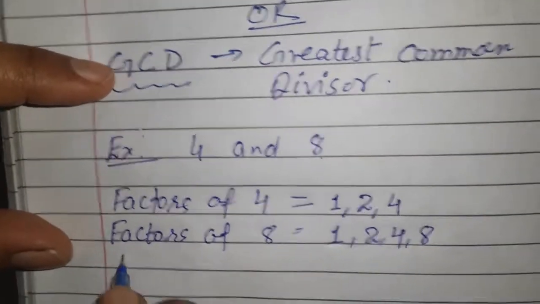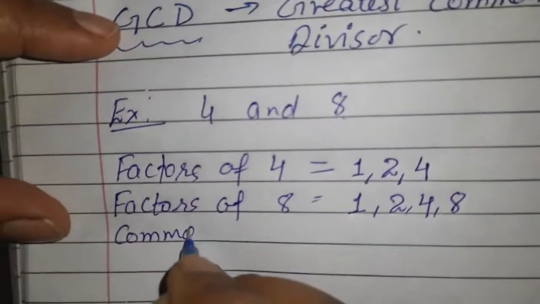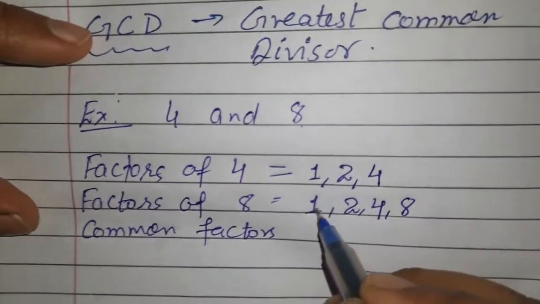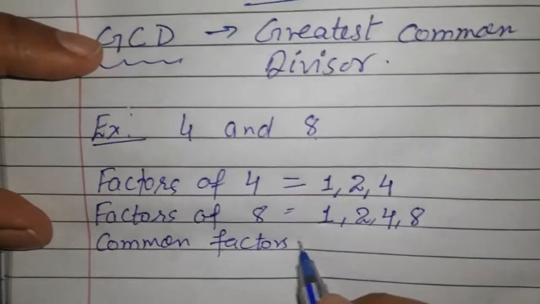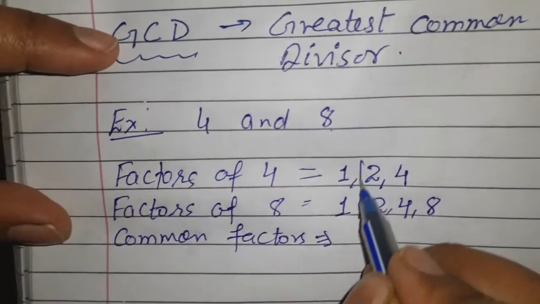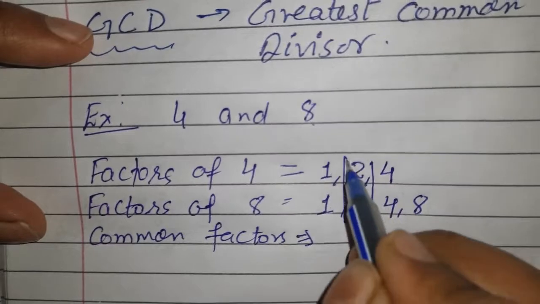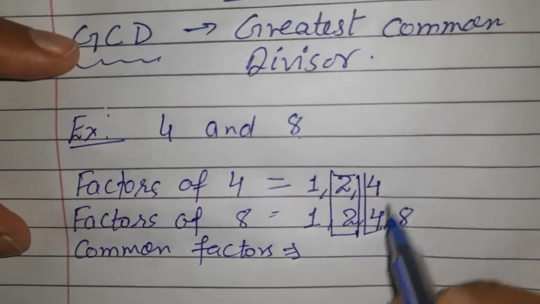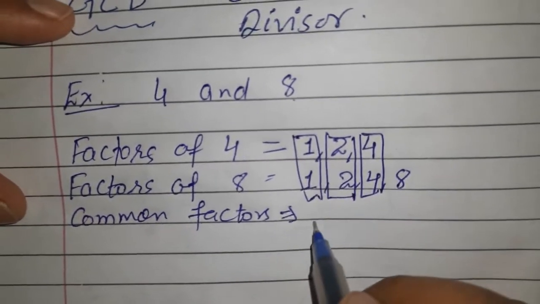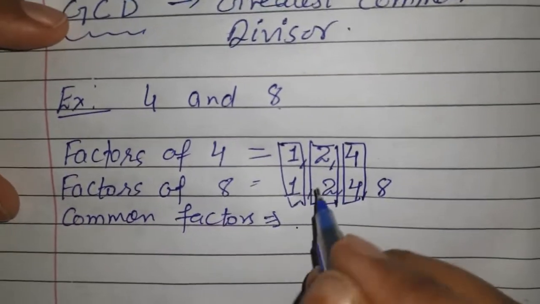Now common factors. Since 1 is a factor of every number, it is not necessary to write 1 here. So take the other factors: 2, and then 4. 4 is in both, and 1 is also in both, so you can write it or not, it does not matter.